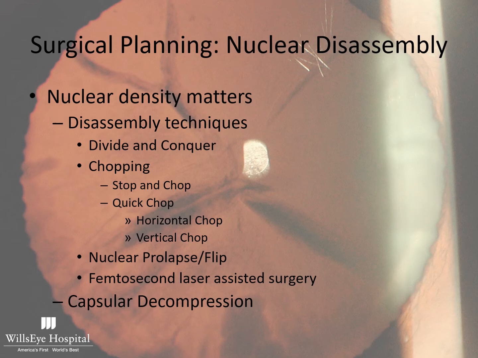The advantage of a chopping technique is that in general, your forces are directed centrally, so you theoretically have less potential for inducing a zonulopathy, and you have more of your phaco energy presented to the nuclear material rather than to the rest of the anterior chamber and the cornea, because with a grooving or divide and conquer technique, part of the phaco tip is not embedded in nuclear material at all times.